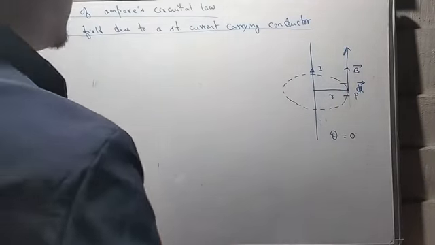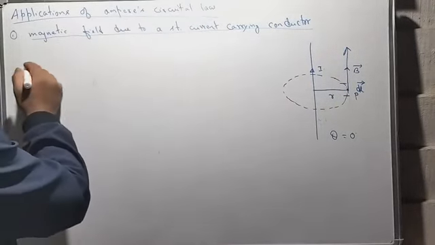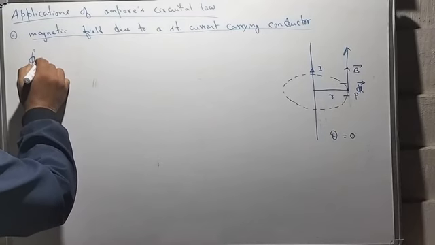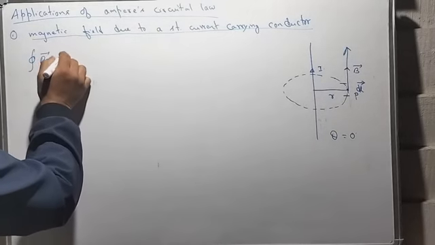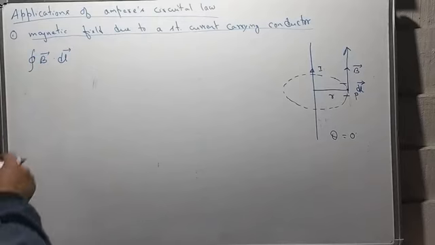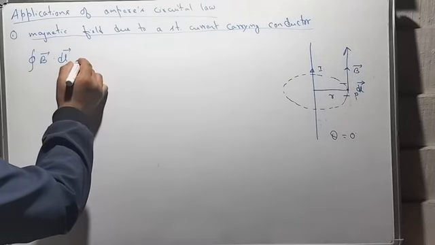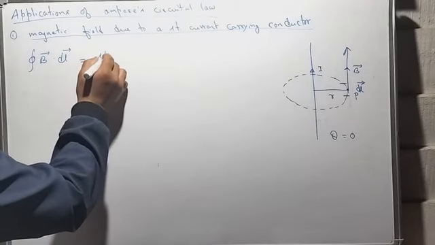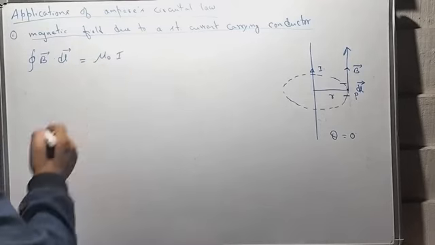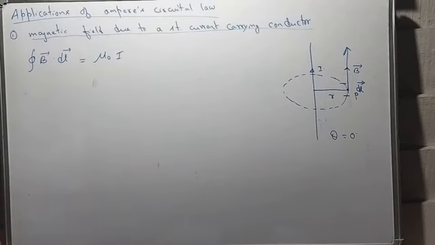So by Ampere's circuital law, we know the line integral of the magnetic field, that is the integral of B dot dl, equals mu naught times the total current enclosed by the loop.